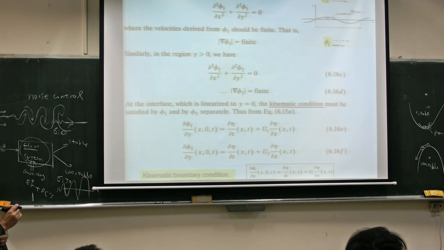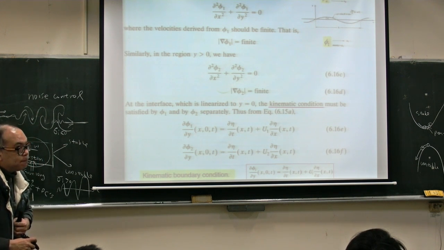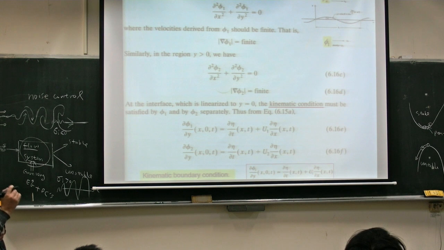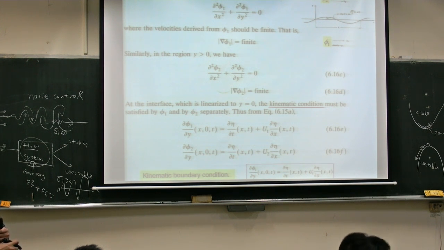As you can see, i is equal to 1 here, and Ui is equal to u1 here. So you get this formula. And when i equals 2 here, and this capital Ui equals u2 here, it gives the second kinematic boundary condition for the fluid above the interface and below the interface. So this is the kinematic boundary condition.